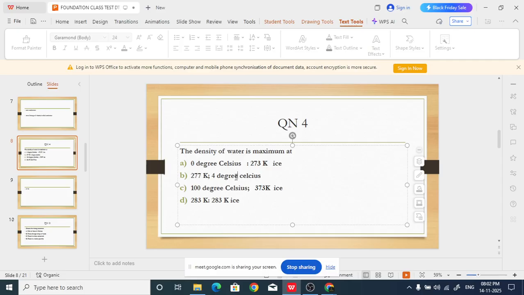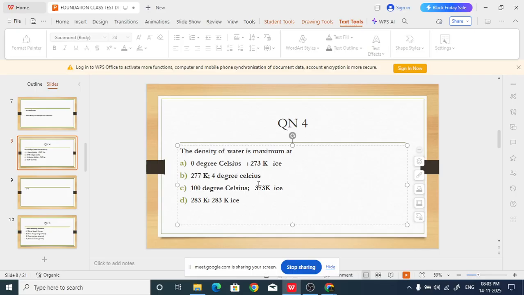Wait, 1 minute. 0 degrees Celsius means ice. It is 4 degrees Celsius, and 100 degrees Celsius is the boiling point of water, that will evaporate. I think between 0 and 4, there is a transition stage from water to ice, or ice to water.